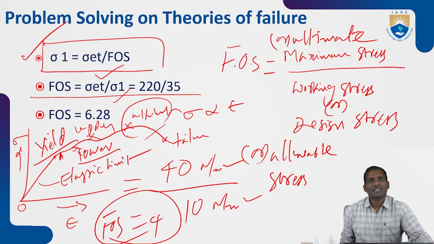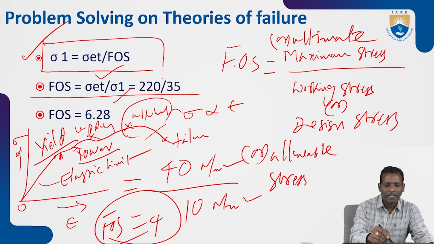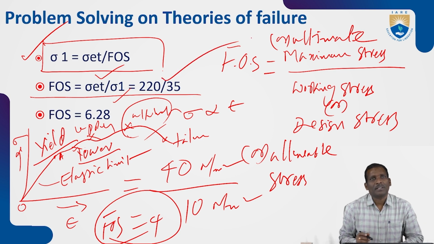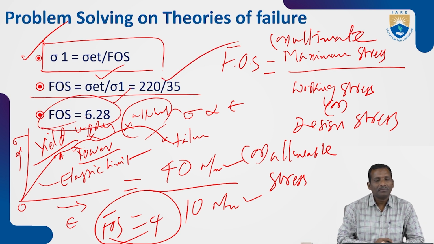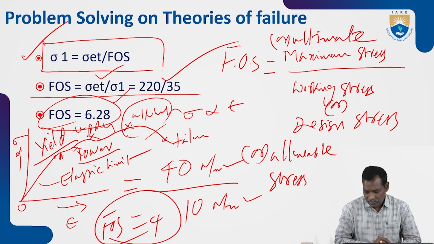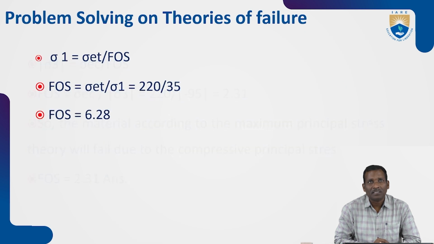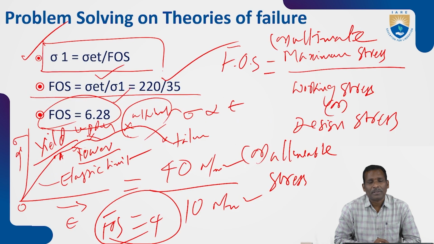So 220 divided by 35 gives the factor of safety as 6.28.